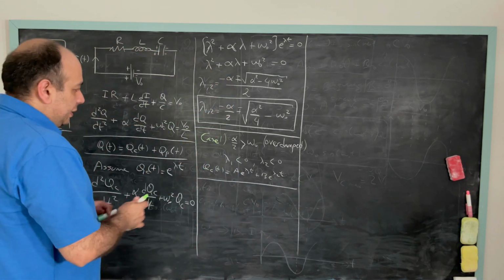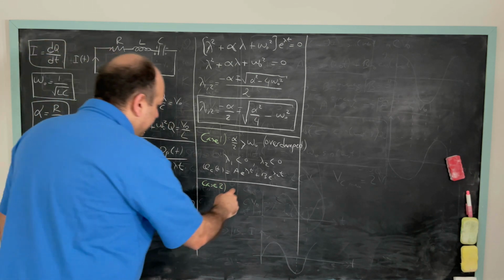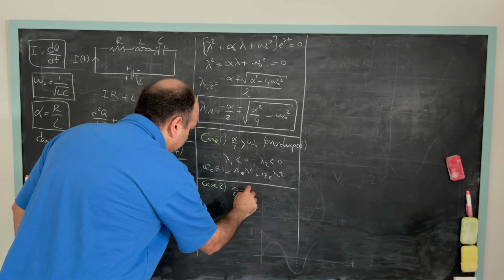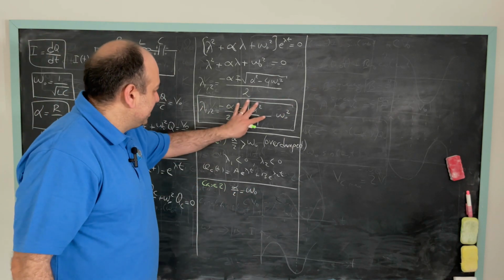Okay, so case 2. In case 2, alpha over 2 can be equal to omega naught, so the square root term would be simply 0, right?